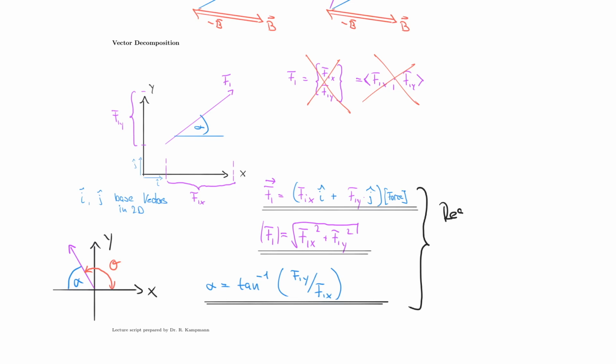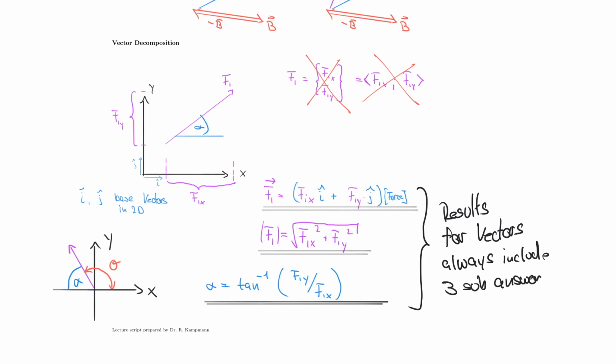So results for vectors always include three sub-answers. So it's not really complete if you forget either one of them. Don't get me wrong, you can also use unit vector instead of the angle, for example, but you always have to have three entities. You have the components, you have the magnitude, and you have the angle. And that is always the minimum you have to report.